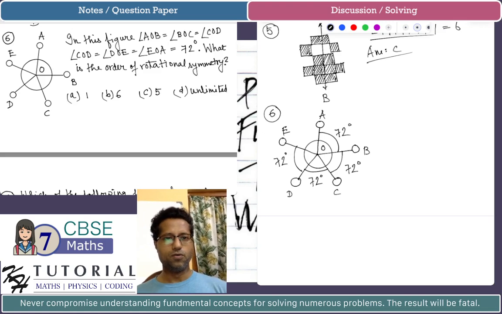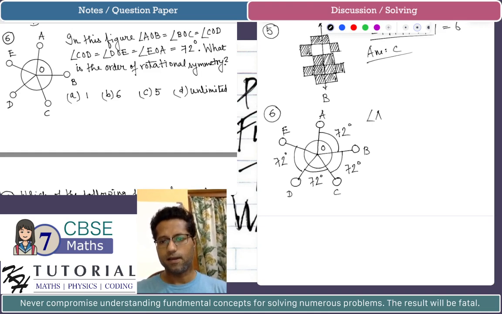Now, if you rotate this entire figure about the center O, you must appreciate that the sticks emerging out of the center O are at equal angles from each other, and the angle is 72 degrees.